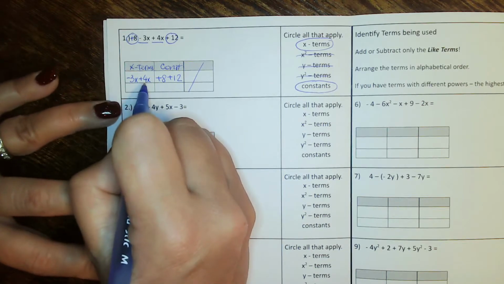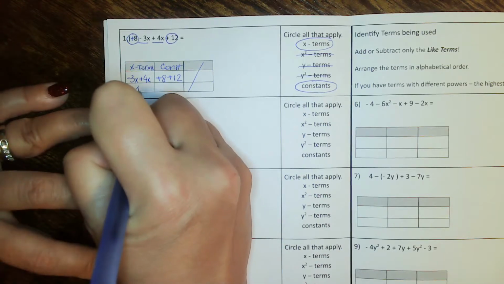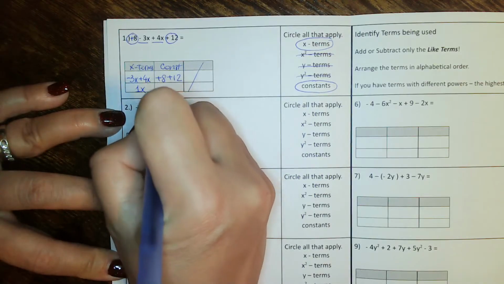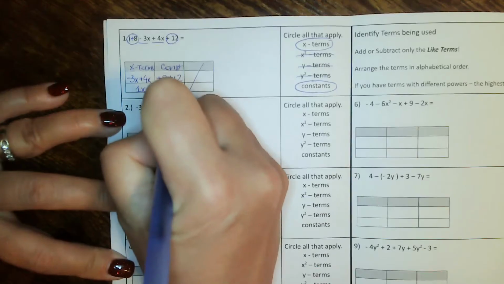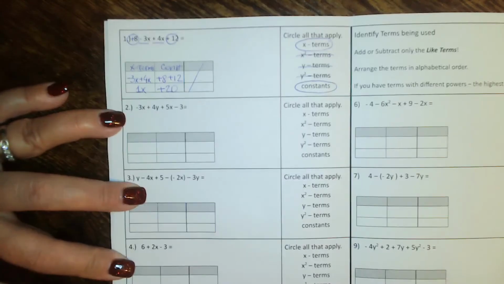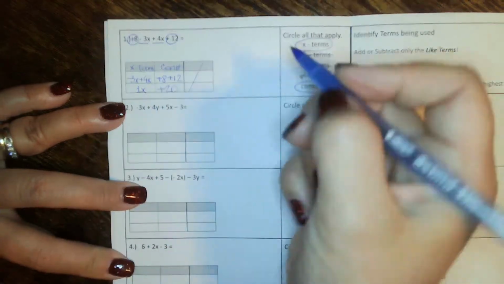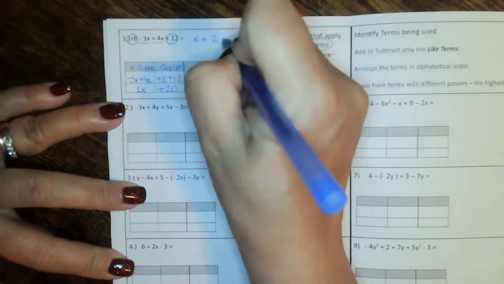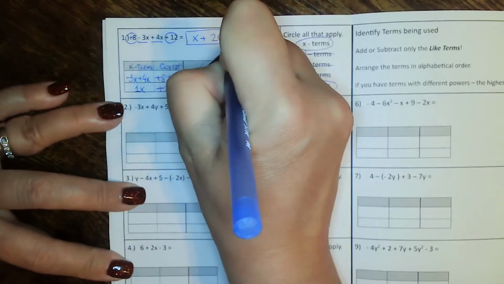Negative and positive, different signs subtract, keep the sign of the bigger number, 1x. Positive and positive, we add, 8 plus 12 is 20. The final answer, 1x plus 20, can also be written as x plus 20, that hidden coefficient of 1 times x equals x.